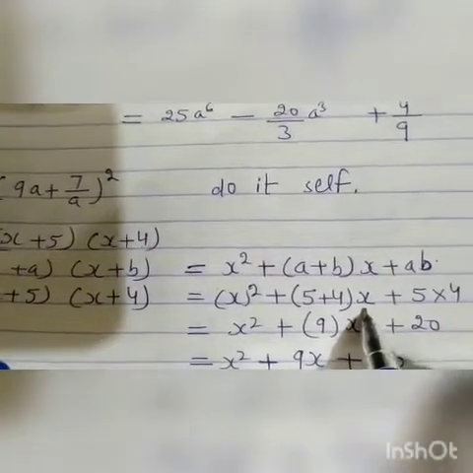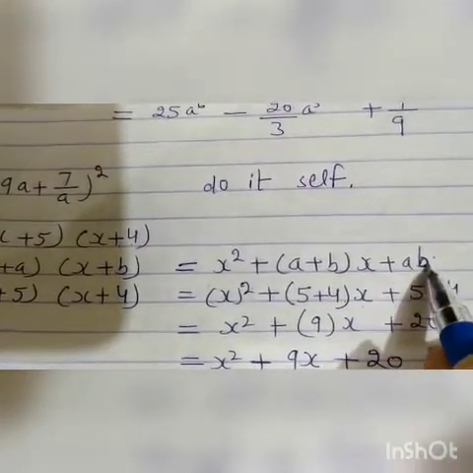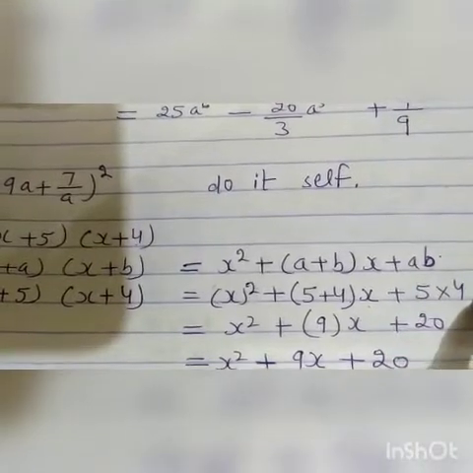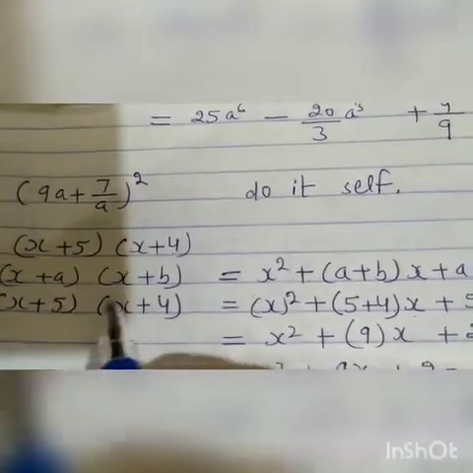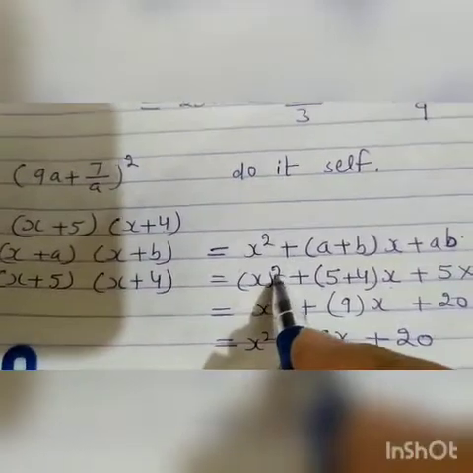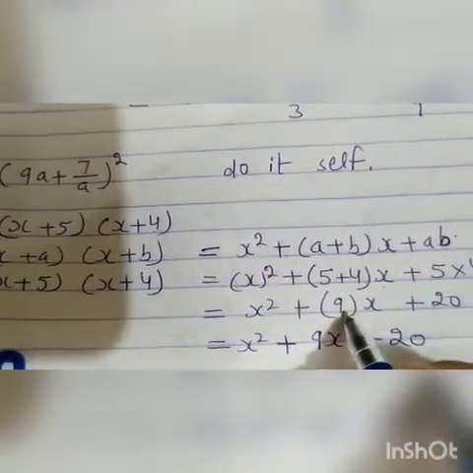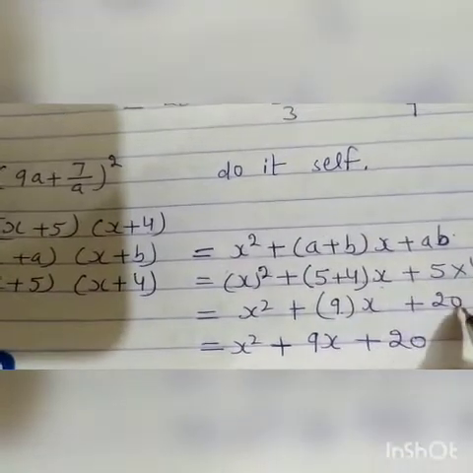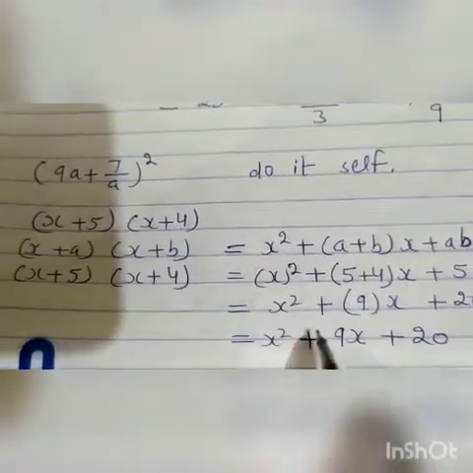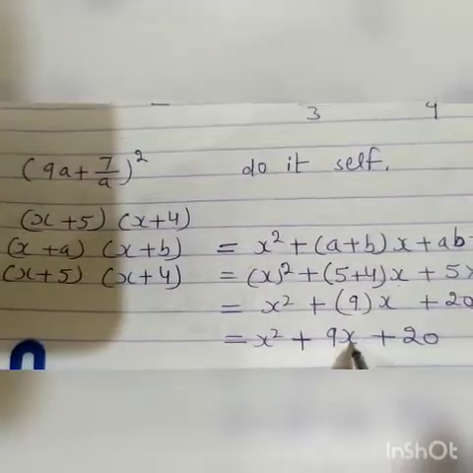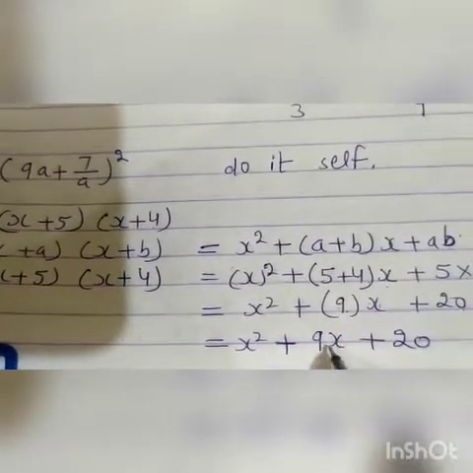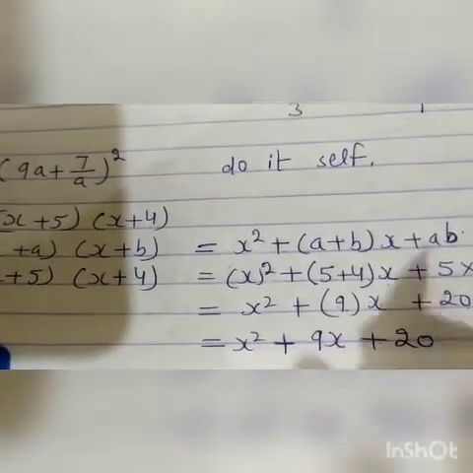So we will also write plus ab. ab means 5 multiply by 4. Value of a is 5, b is 4. So x whole square is x square plus 5 plus 4 will be 9, x plus 5 fours are 20. It will be x square plus 9x plus 20.